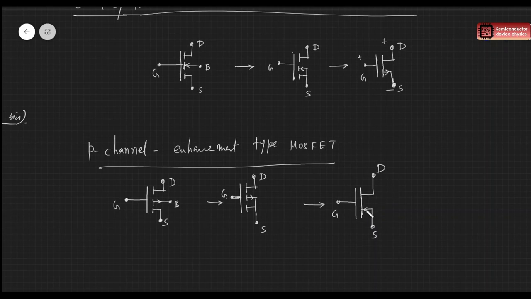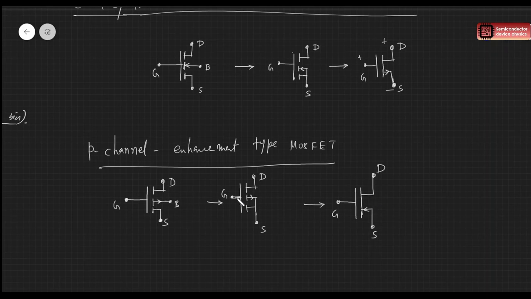So the current direction is inward in the source terminal, and we always put the arrow in the source terminal, okay? In case of MOSFET, like in a transistor we put the arrow in the emitter terminal, not in collector. So here in MOSFET we always put the arrow in the source terminal, okay?